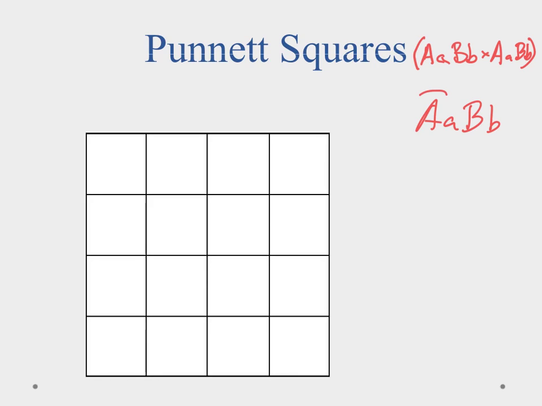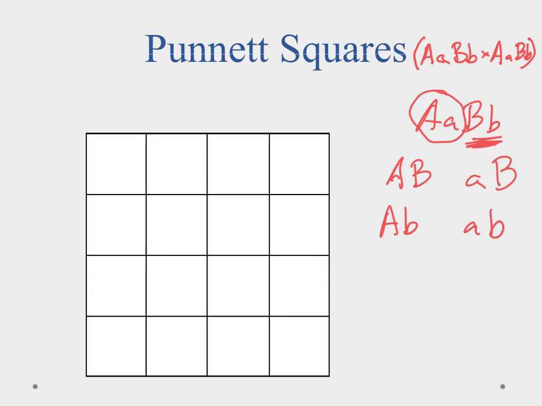So I'm going to focus on the first one here and realize that I can have a capital A or a lowercase a. Now, the capital A can be paired with either of these. So I can have a capital A, capital B, or a capital A, lowercase b. And my lowercase a can also be paired with a capital B, or I can go lowercase a, lowercase b, as we see here.